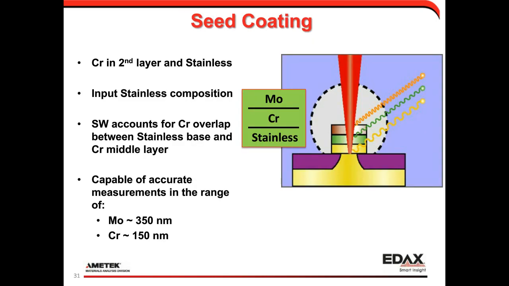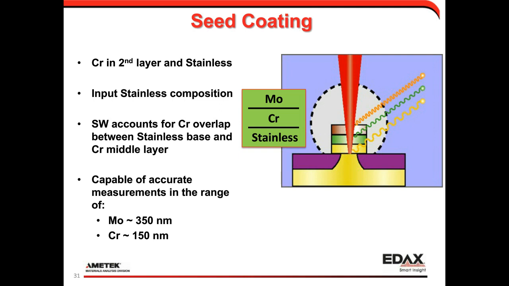Another example, these absorbers are put down onto, I mentioned this previously, the electrical contact, which is typically created from molybdenum. Molybdenum doesn't plate very well on top of stainless steel when you're trying to make a flexible substrate here. So they use chrome on top of stainless to create a seed layer to be able to deposit and get good adhesion for the electrical back contact. Now, the stainless also contains chrome.